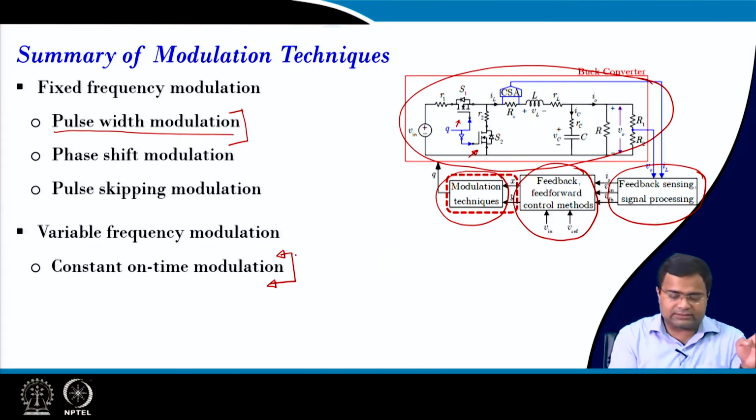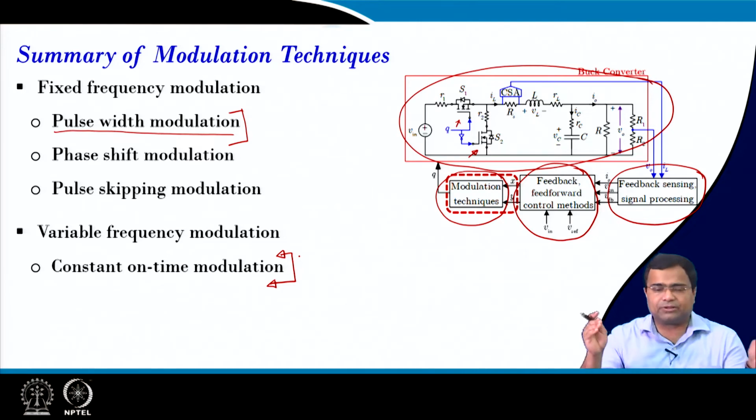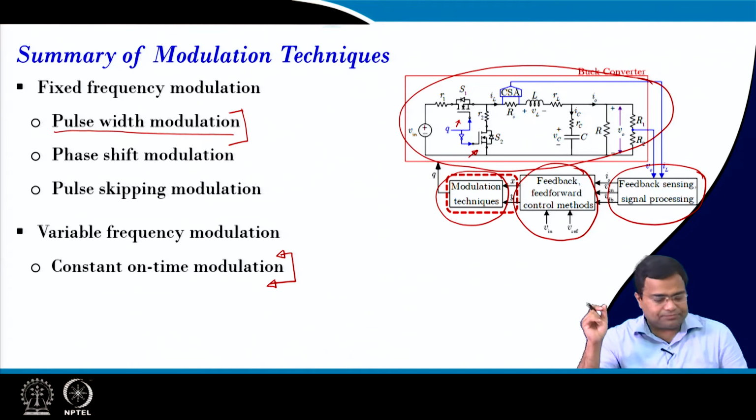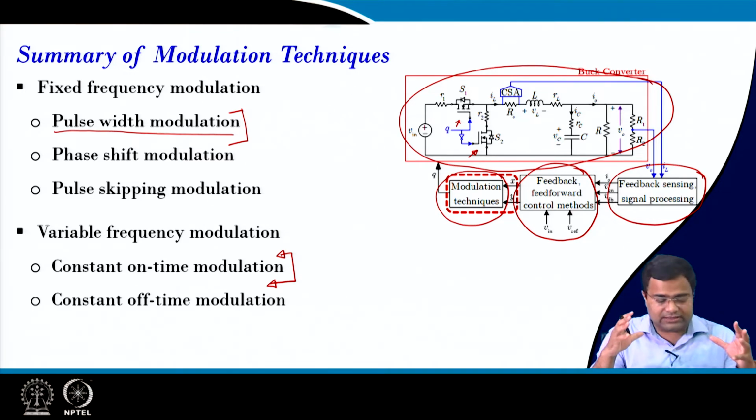So, the time period will vary depending upon the variation in the parameters or operating condition. Another modulation is the constant off time, where the off time is fixed, but the on time will be adjusted based on the feedback control and depending upon varying operating condition.